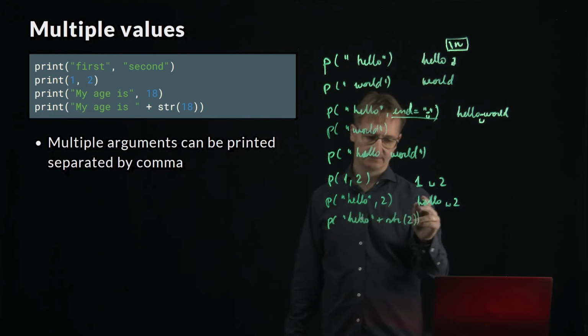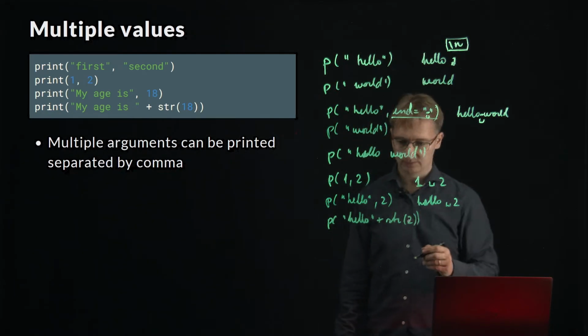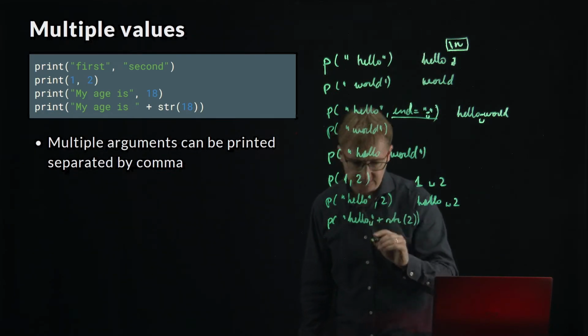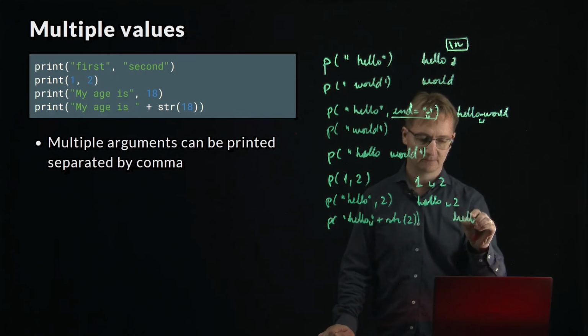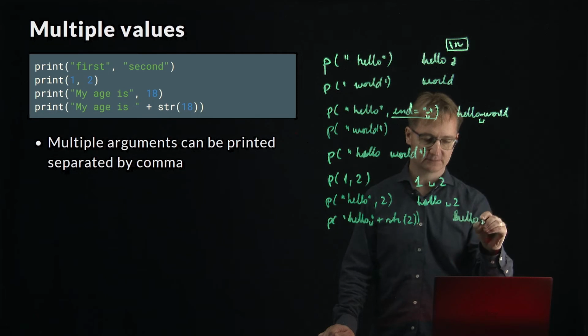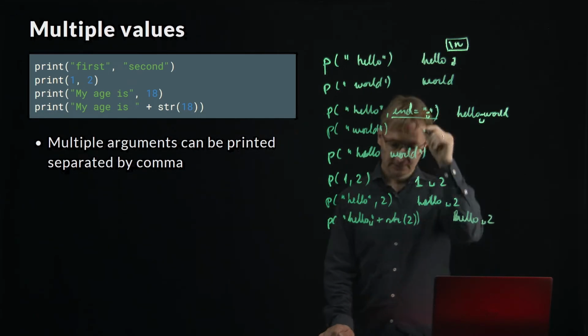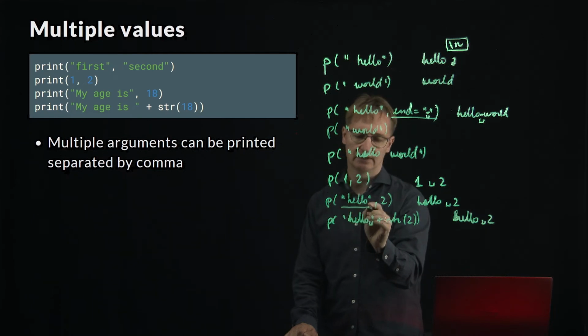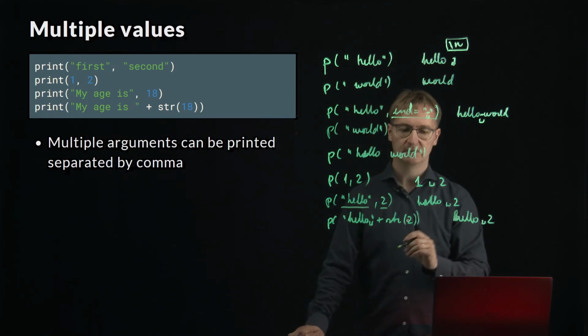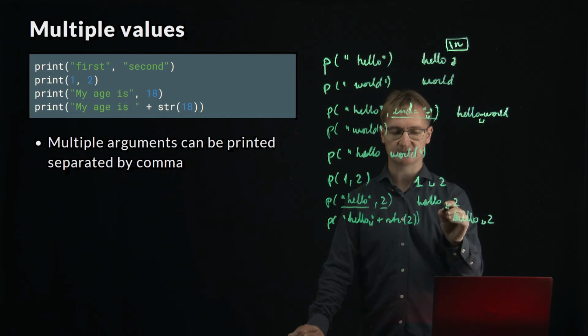The difference between those two, okay, here is a space also, the end result is the same. I will get hello space and 2. But the difference is that in this line I print out 2 values, and those 2 values are separated by a space.